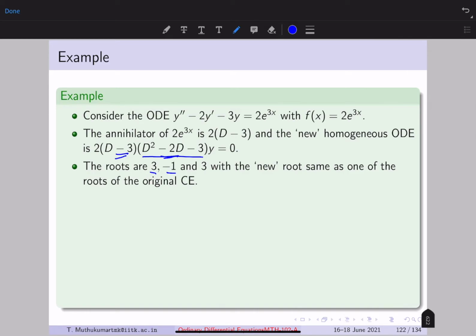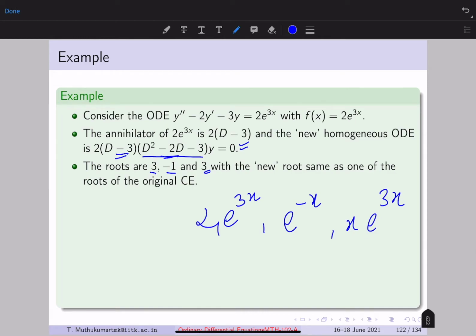So you have to choose 3 linearly independent solutions, because it's a third order equation. One is e power 3x from one root, another is e power minus x, and the repeated root also gives 3, so you should choose x e power 3x. It should be a linear combination of that.